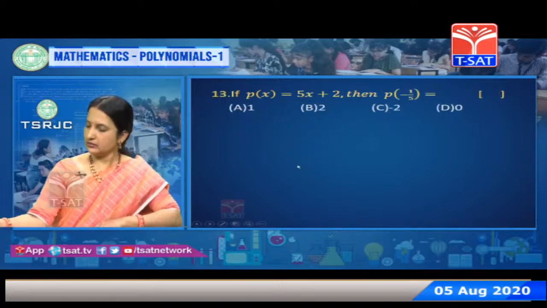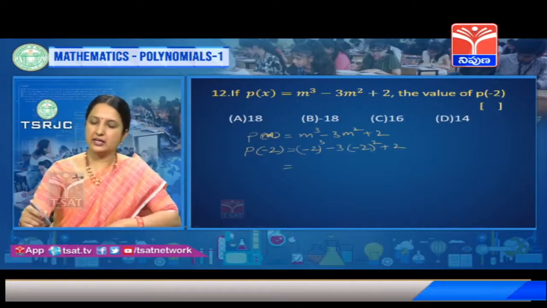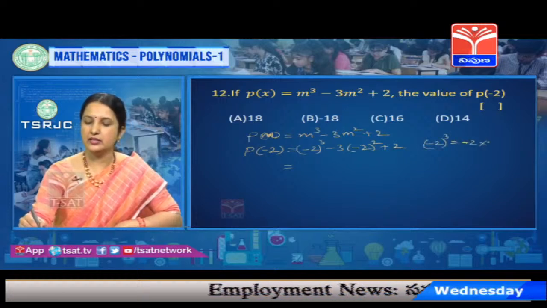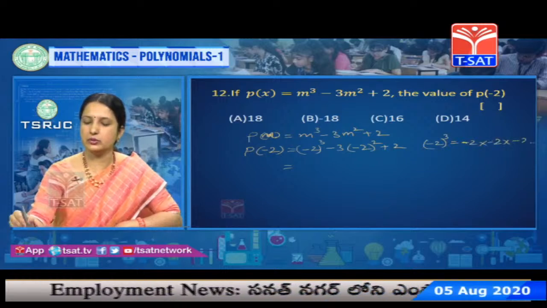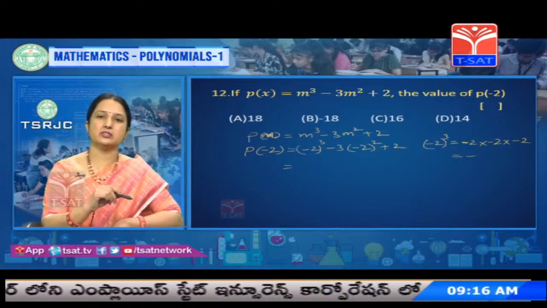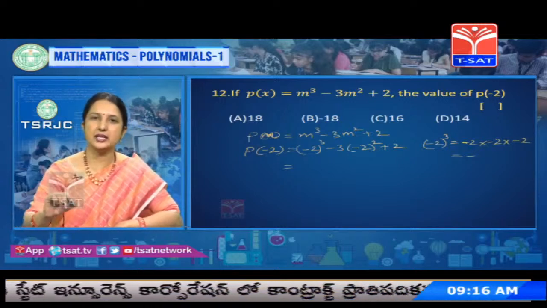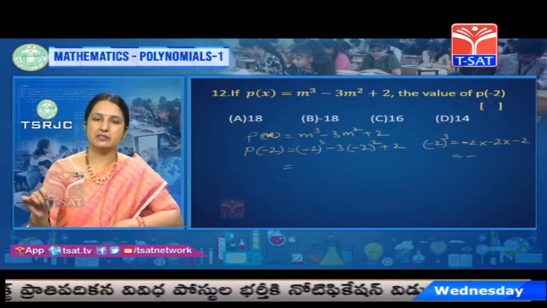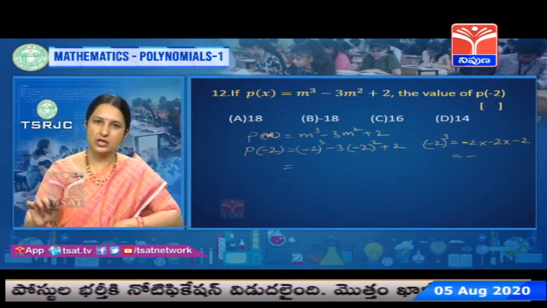See here. When minus is there, minus 2 cube, most of the children will make a mistake here. Minus 2 into minus 2 into minus 2. If an odd power is there, we will get minus only. If the power is odd, we should write directly minus. If the power is even, we should write directly positive, plus.